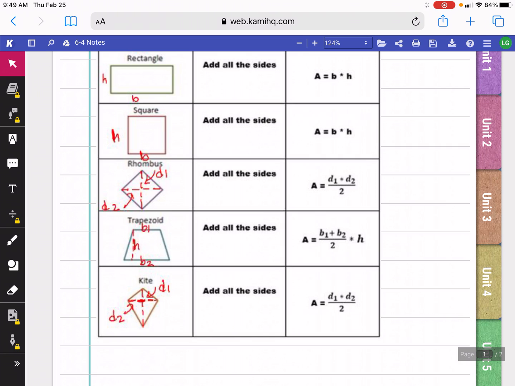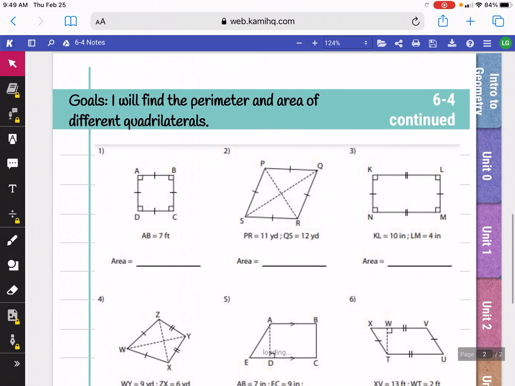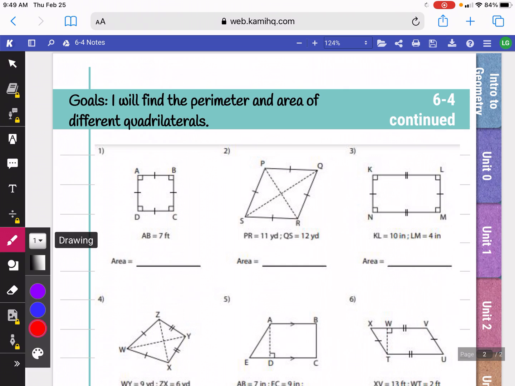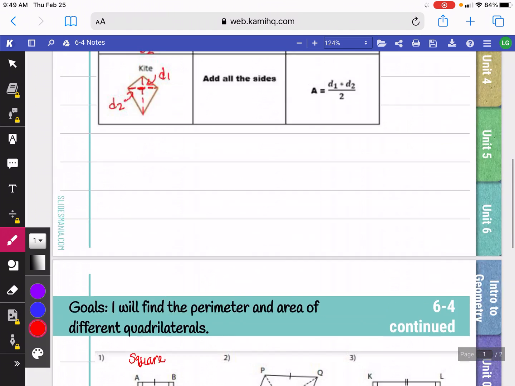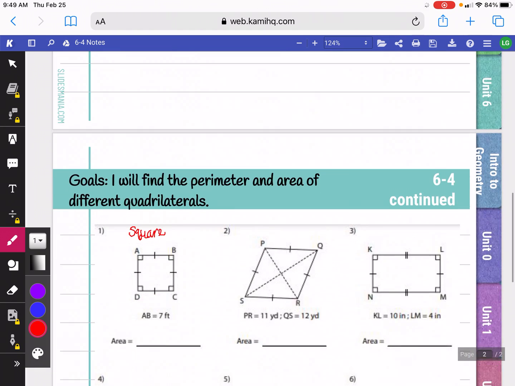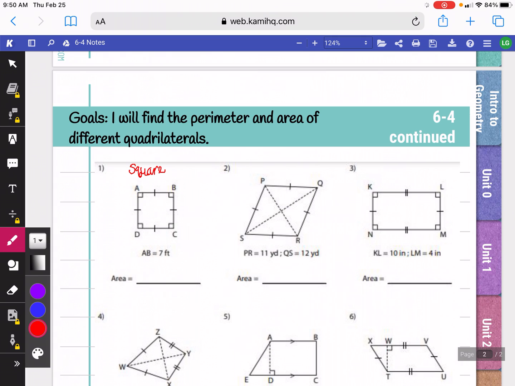We're going to be using this formula chart to help us find the area of different quadrilaterals. So I'll be referring back and forth to it as we do our questions. So here in question 1, if you look at this picture, we have a square. So I'm going to use the formula for square, which is base times height. Here they're telling us AB is 7 feet.